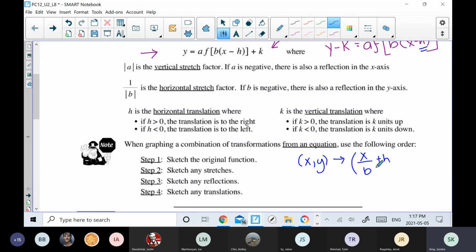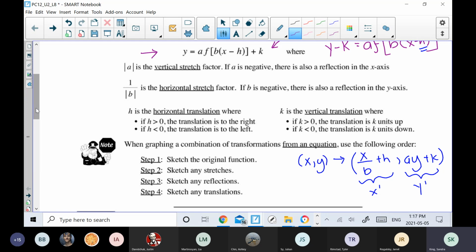This will give you x prime. That's your transformed x coordinate. In order to get your new image y coordinate, or y prime, it's your a value times y plus k. That will give you y prime.